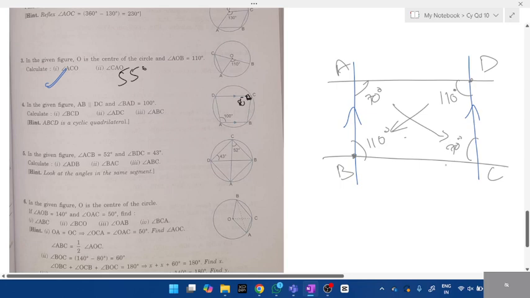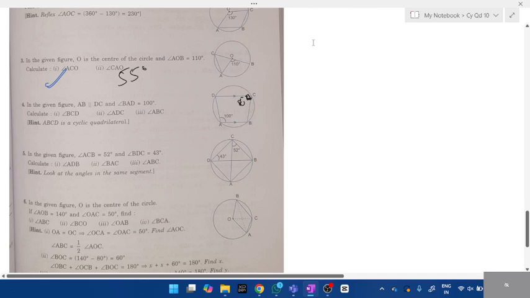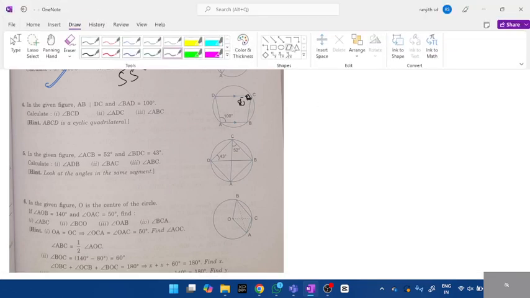Question, sir. Yes. So, will we always have a trapezium inside a cyclic quadrilateral? No, it's not always a trapezium, Tanishka. You can have even a square or rectangle. I didn't get your question.